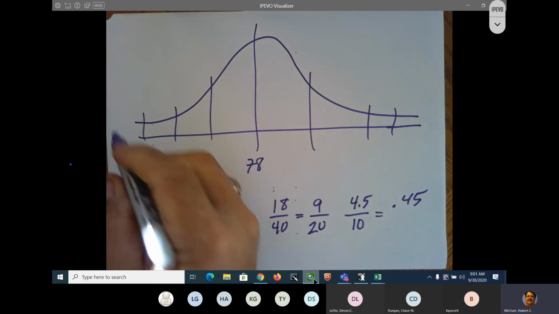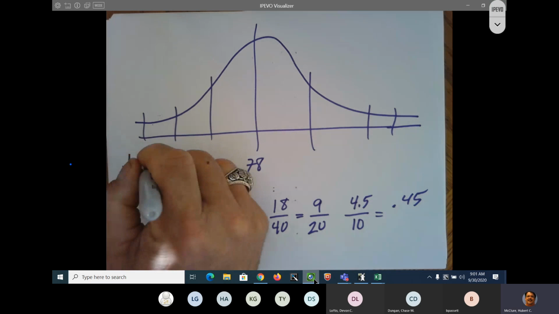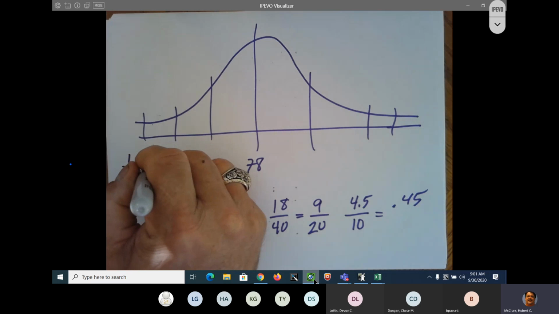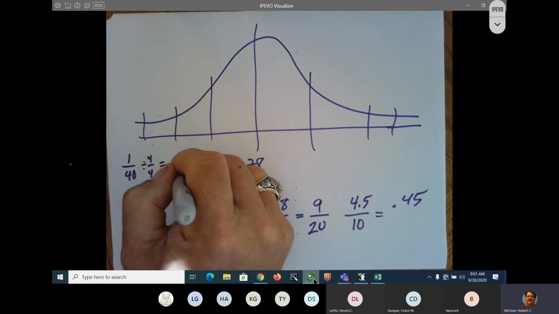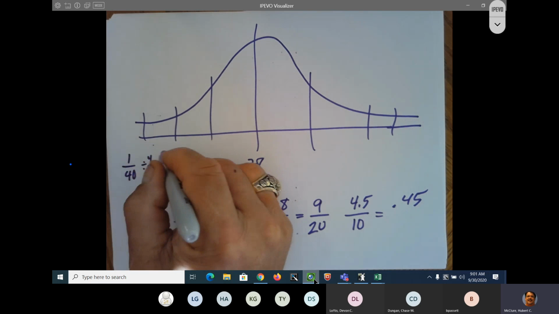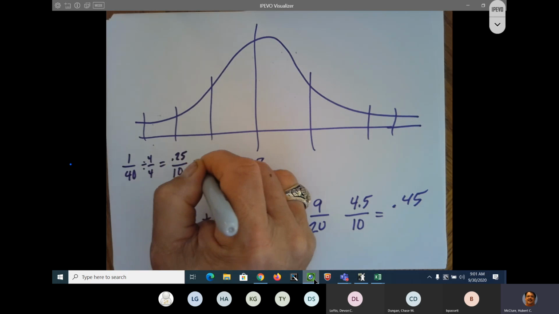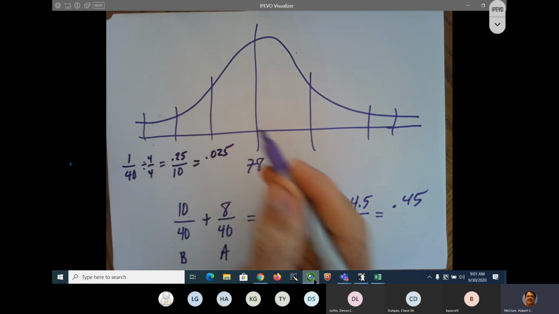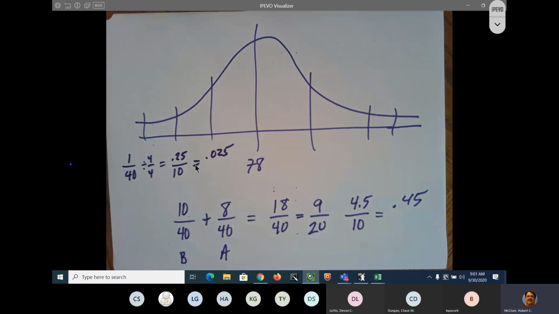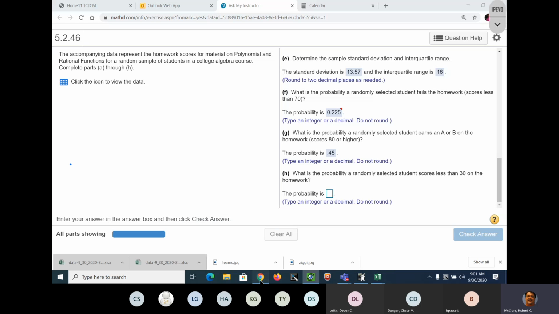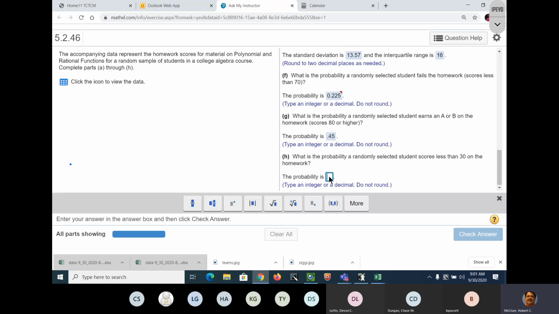So 1 out of 40 divided by 4 over 4 is 10, and 1 divided by 4 is 0.25. So that would be 0.025. So I got 0.025. Let's see what they got. And we'll just go ahead and answer all the letters of the alphabet after this one. 0.025.